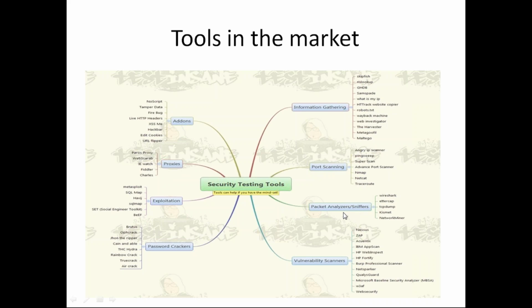Then there are packet analysis tools, or sniffers. As I said earlier, if you send any data through the browser to the web application, it's generally in the form of packets, right? Any network transfer happens as packets. So if you know how the system flows and want to do security testing at the packet level, we have Kismet and Network Miner.